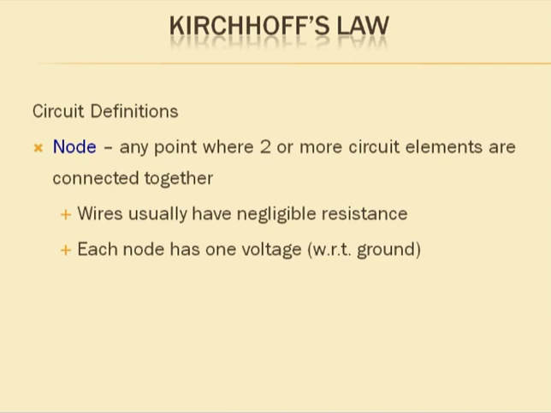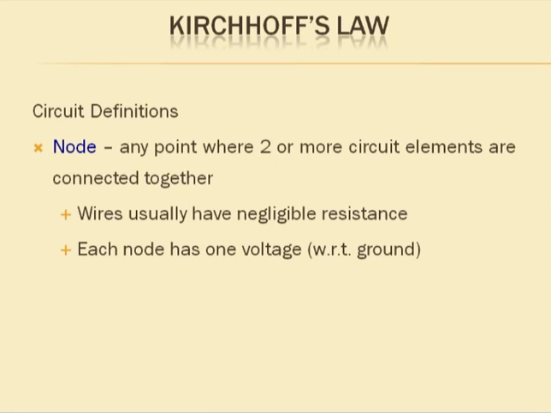We can say that it is known as the circuit definition. The first point is node. Any point where two or more circuit elements are connected together is known as node.